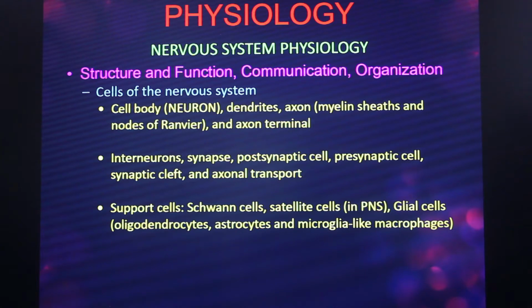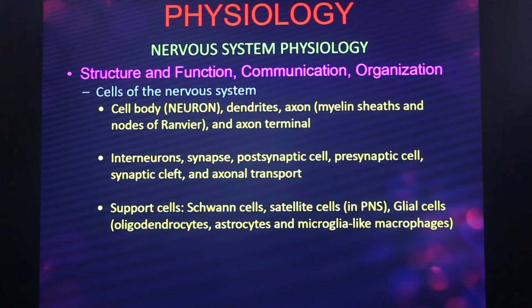And if it has a myelin sheath, along the sheath there are nodes of Ranvier, and there is an axon terminal. There are also interneurons, synapses, postsynaptic cell, presynaptic cell, synaptic cleft, and axonal transport within a neuron.